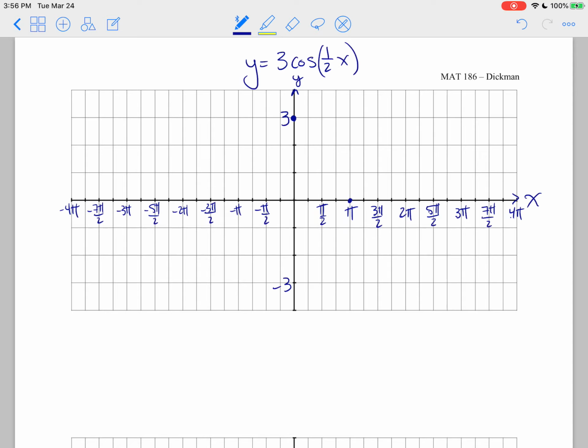So then every 4 boxes here, I'm sort of hitting the next key point. So we have pi, we have 2 pi, we have 3 pi, we have 4 pi. And notice I ended where I started, and this is 4 pi across. This distance is 4 pi across. And I can keep going with that pattern.